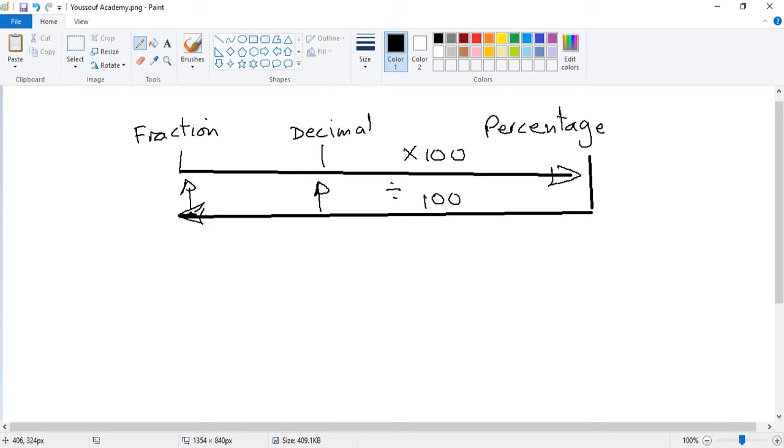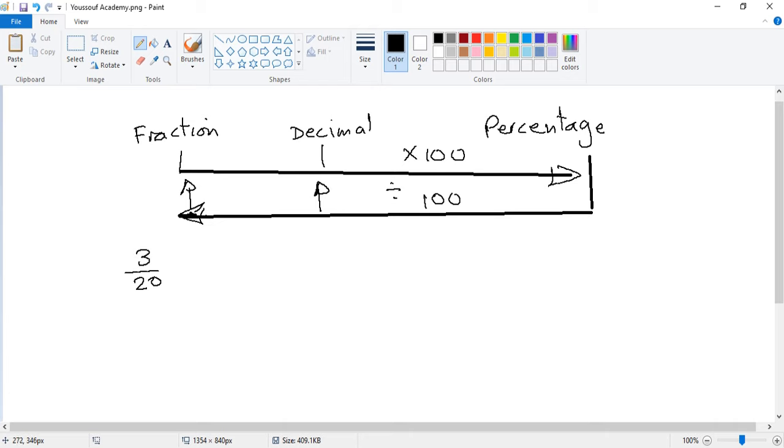What does it mean? For example, if he said find the fraction equivalent to 3 over 20 which has 100 as a denominator, he wants the equivalent fraction.